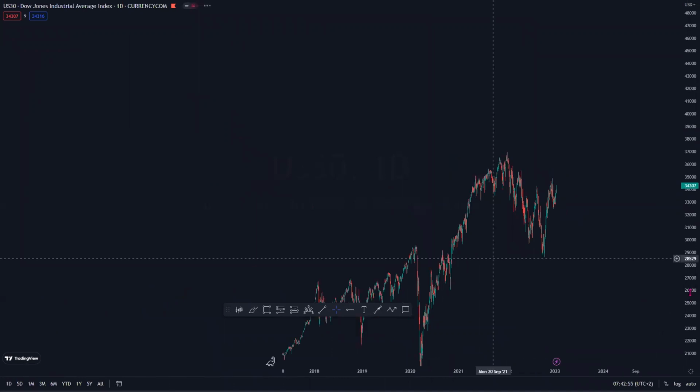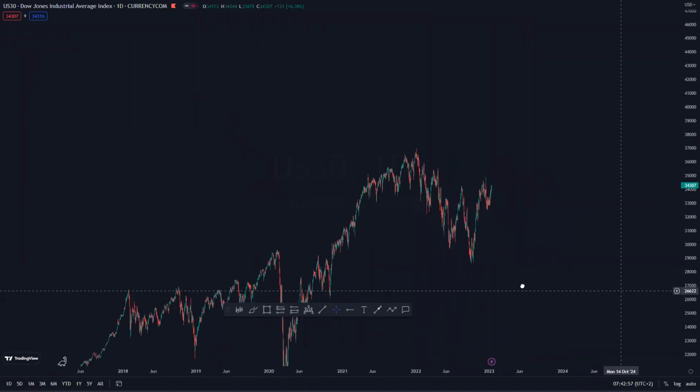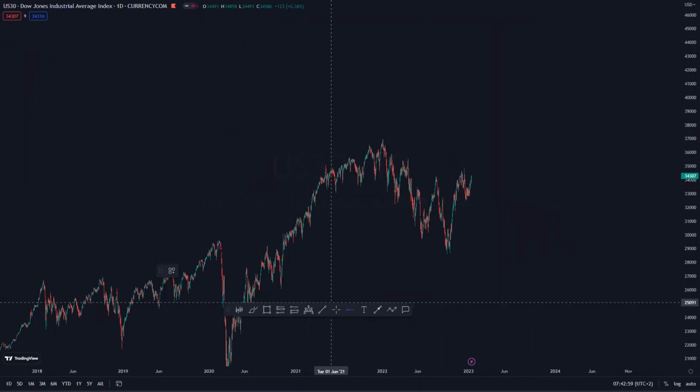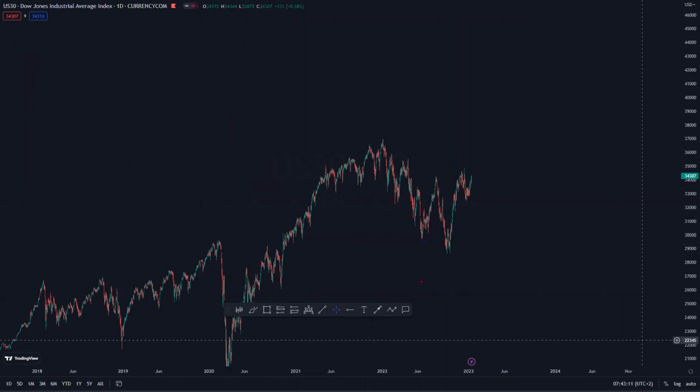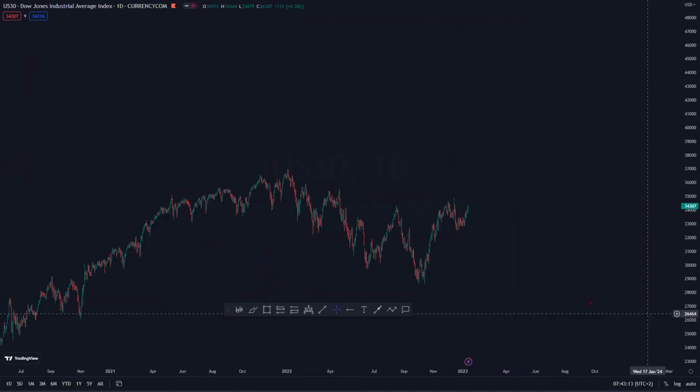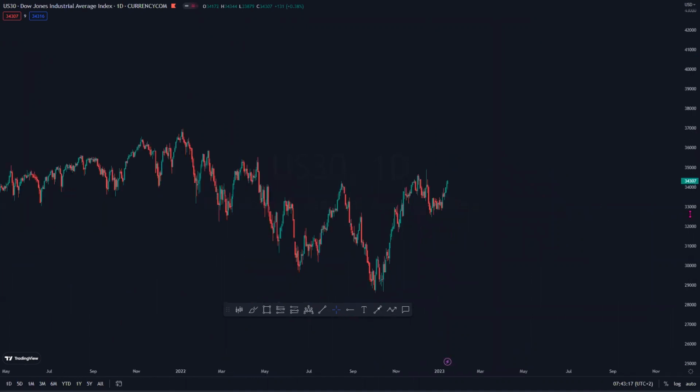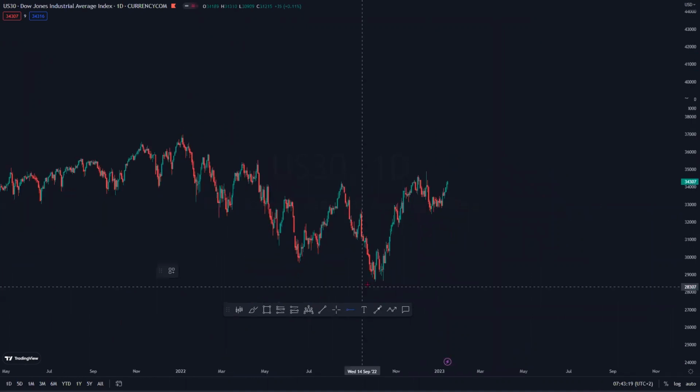For US30, if you could have caught it, because you see it retested somewhere around here. If you have caught it here, you will be having a lot of money using South African brokers, I don't wanna lie. So this is US30 on a daily. Okay, I'll mark this low and I'll mark this high.